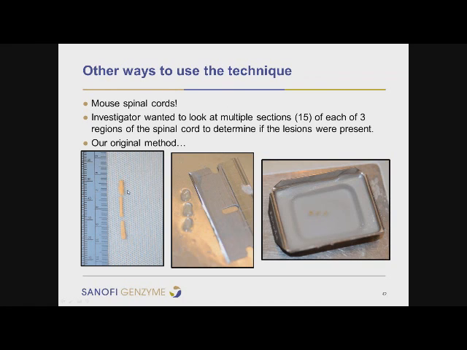Our original method was to take each of the 3 regions, so cervical, thoracic, and lumbar, and then process each one individually, embed 3 sections of each, form a block, and then cut 15 sections.